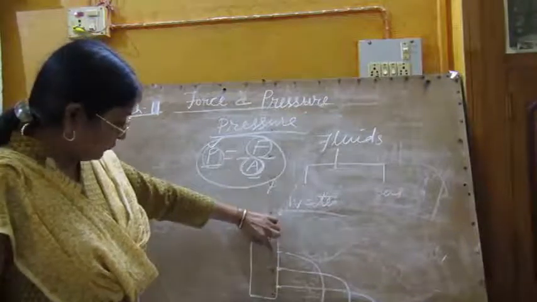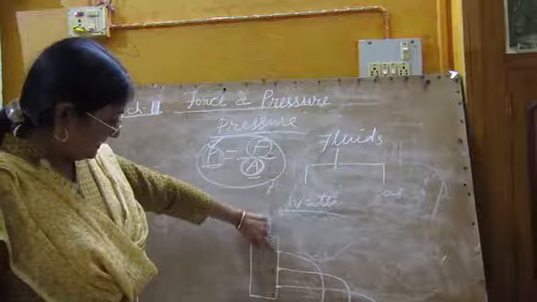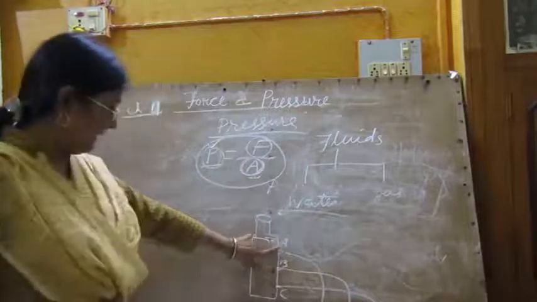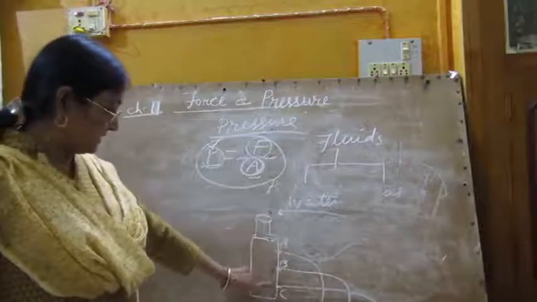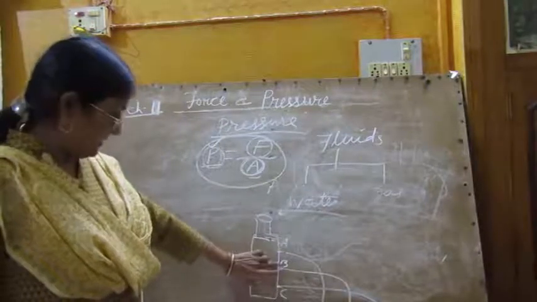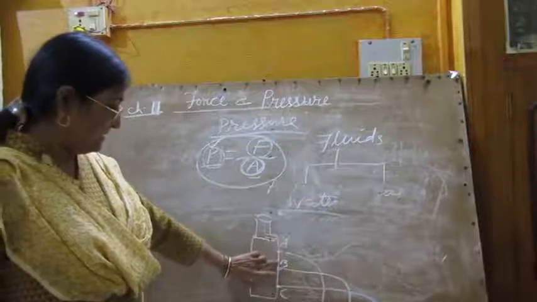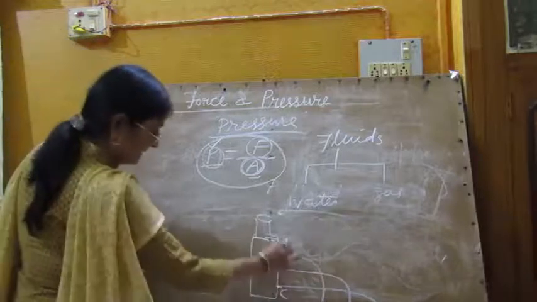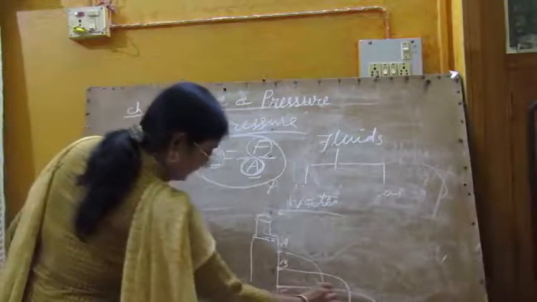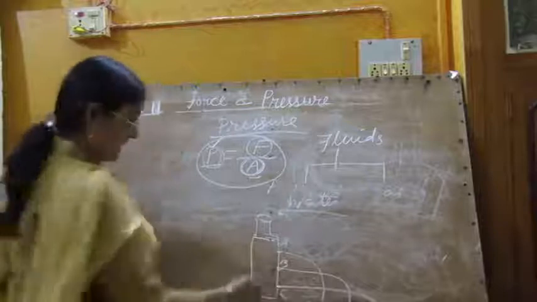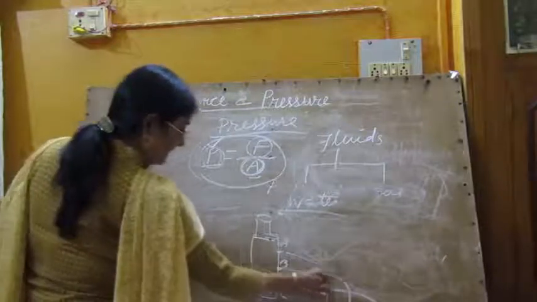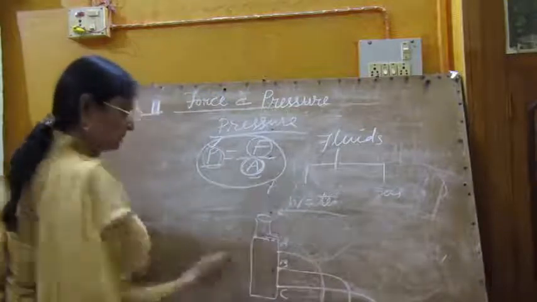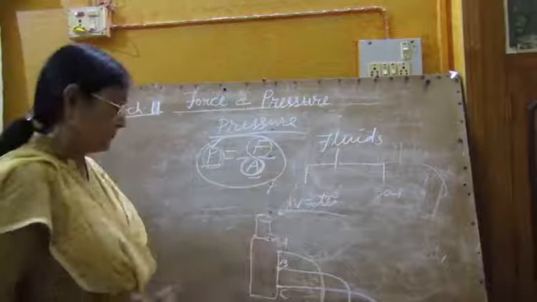The depth of point A is much less than the depth of C, and B is more than A but less than C. Since the depth is maximum at C, the water flows out with the most pressure. B comes just after C, and A has the least water pressure.